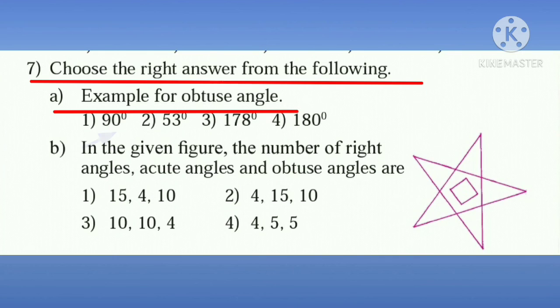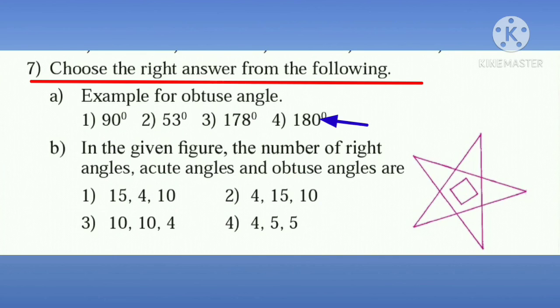The given options are: first, 90 degree; second, 53 degree; third, 178 degree; and fourth, 180 degree. The first option is 90 degree, which means it's a right angle. The second option is 53 degree, which is an acute angle. And 178 degree is an obtuse angle example.